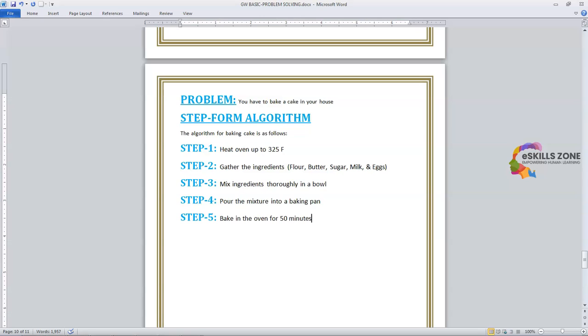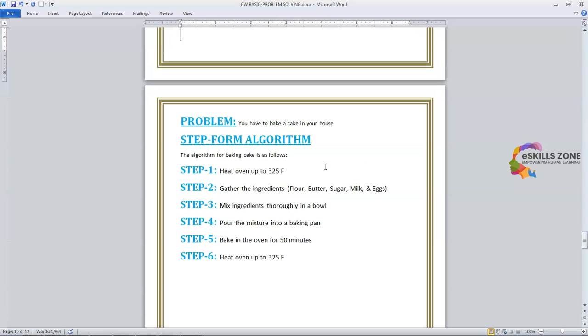And then step number 6. So you can see that we are writing the algorithm step by step. So this is the first step is the very basic step, and after that we are moving forward to eventually solve a problem. Basically a baking cake is a problem and we are writing an algorithm for it.